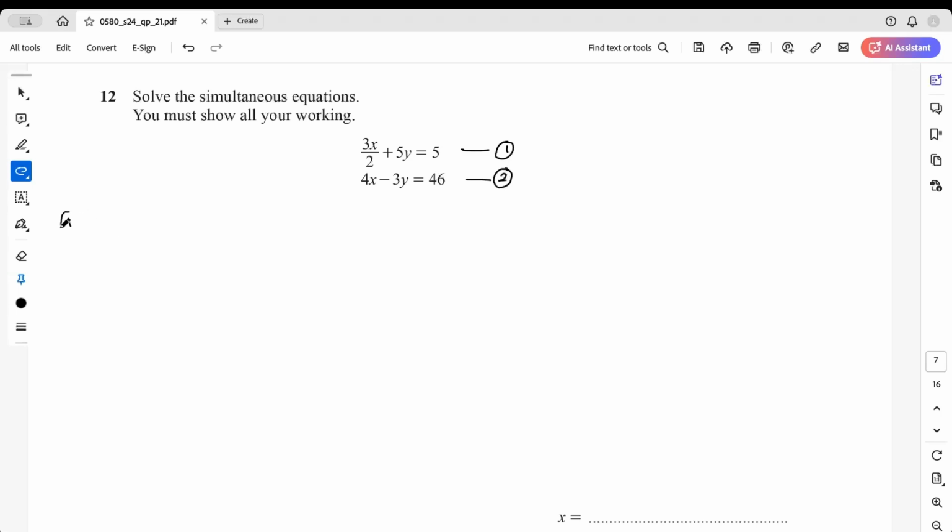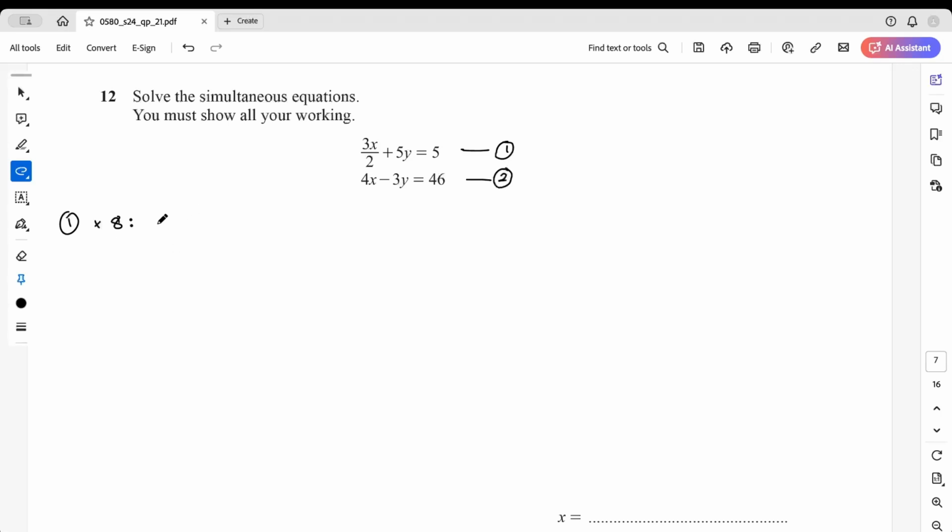So for equation number 1, I'm going to multiply this by 8.